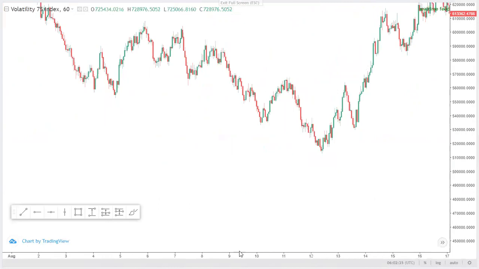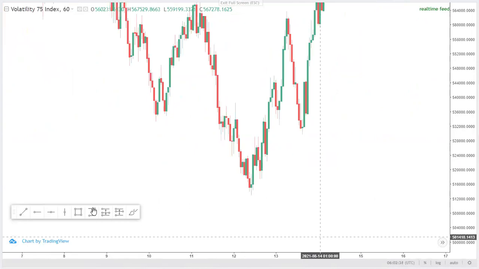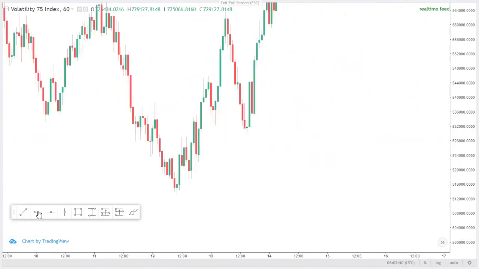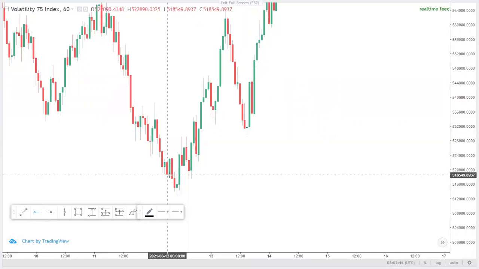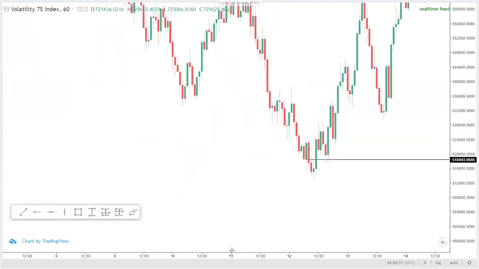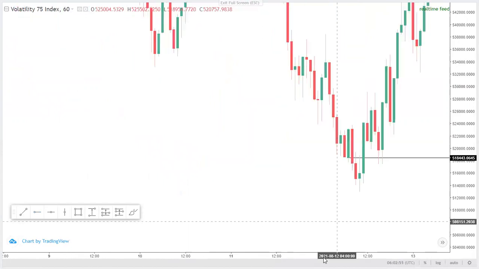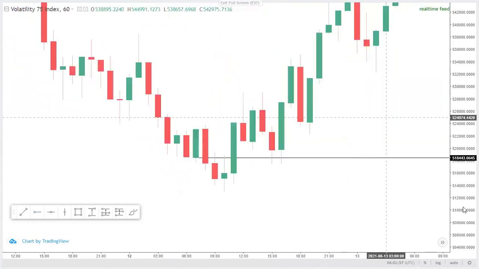Our first example is right here. And when we are determining the invalidation points, we usually focus on the bodies, on the candle body. Don't focus on the wicks.